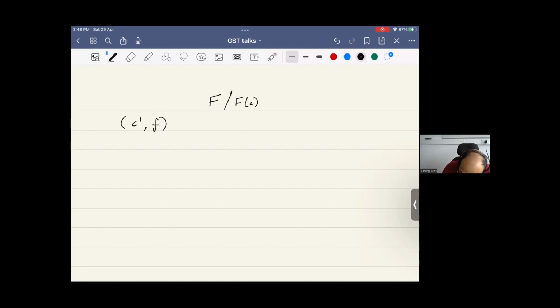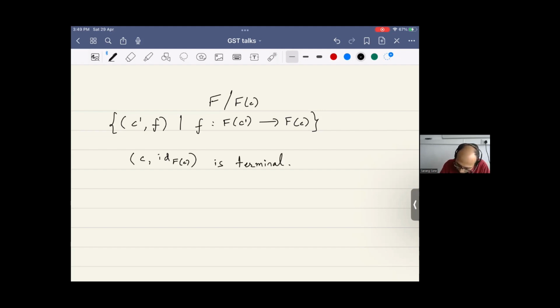And the property was that this is f of c prime to f of c. So this is the collection of objects. I want to claim that there is one particular object, namely c comma identity of f of c, and this object is terminal.